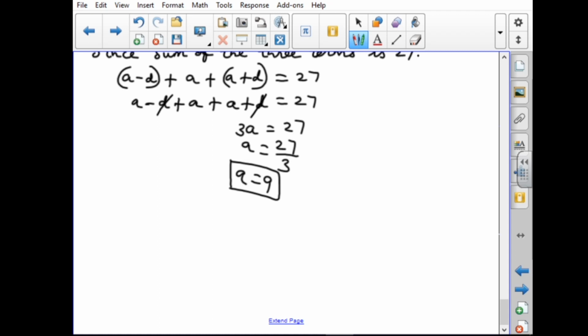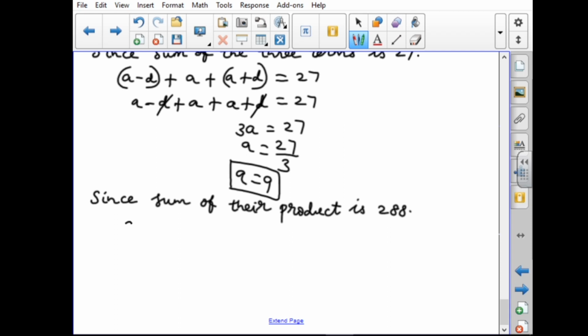Next condition they have given is the product. The product is 288. The same method we have to follow for the product.